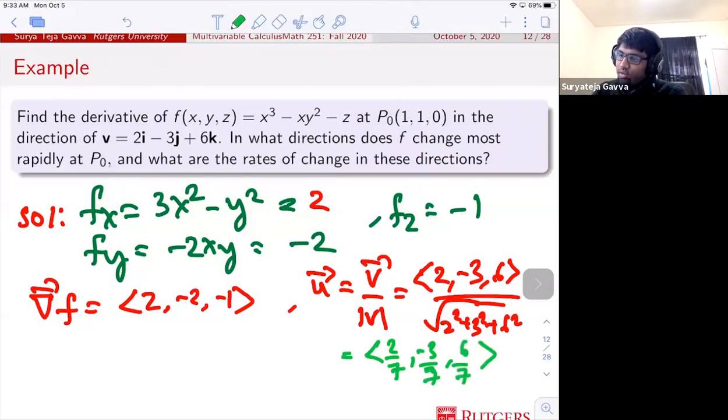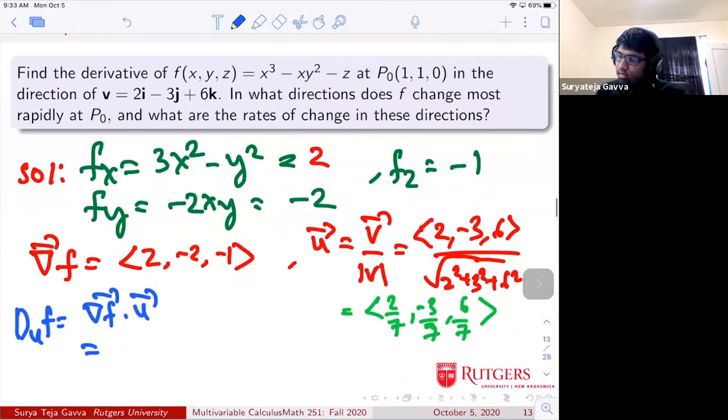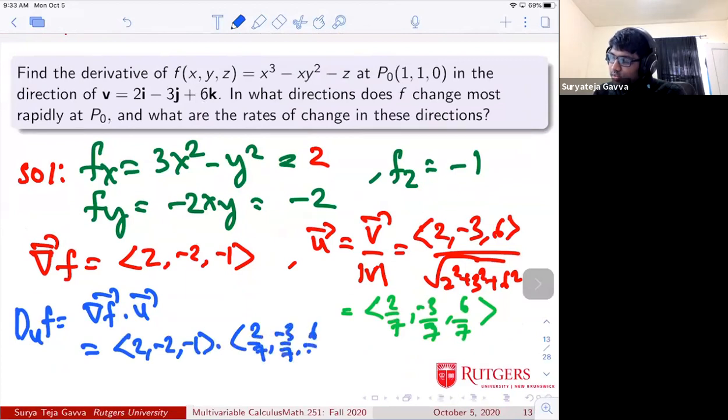Okay, so now the derivative along the vector u is nothing but gradient f dot u. Just take the dot product of these two vectors, (2, minus 2, minus 1) dotted with (2 over 7, minus 3 over 7, 6 over 7).